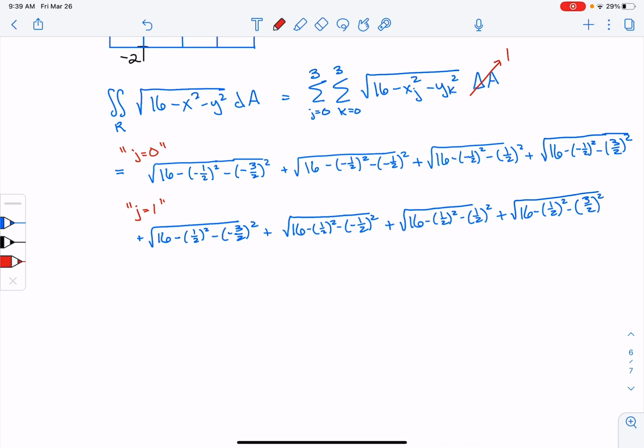So that would be the j equals 1s. And now we're going to do j equals 2.